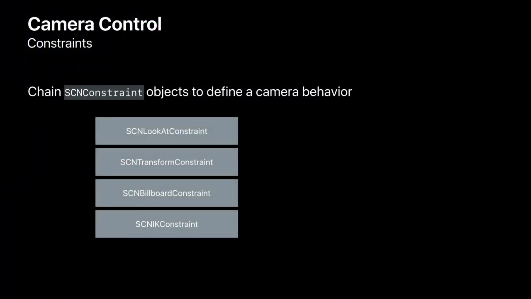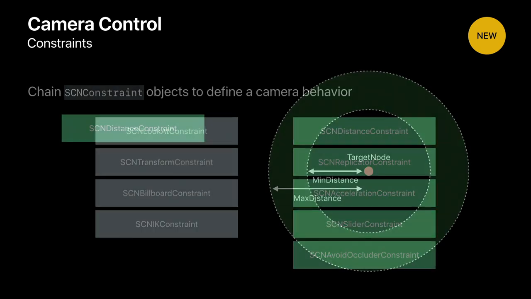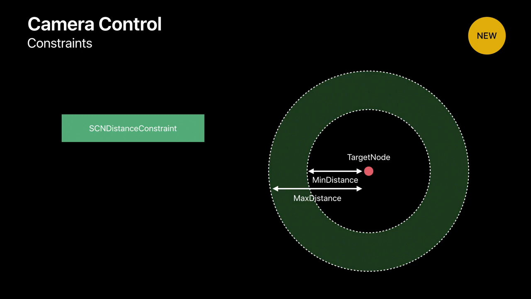SceneKit was already providing a bunch of built-in constraints, and we are adding a few new this year that will work on any arbitrary node, but work well in particular for camera. And to illustrate some of them, the SCNDistanceConstraint forces a node to keep a minimum and maximum distance with another specified target node.